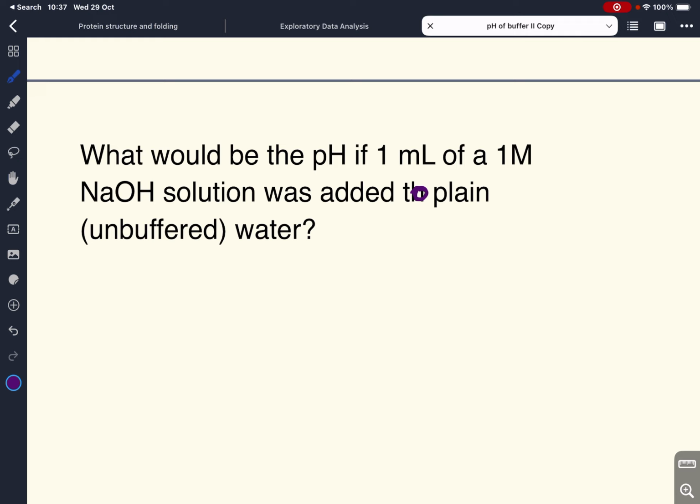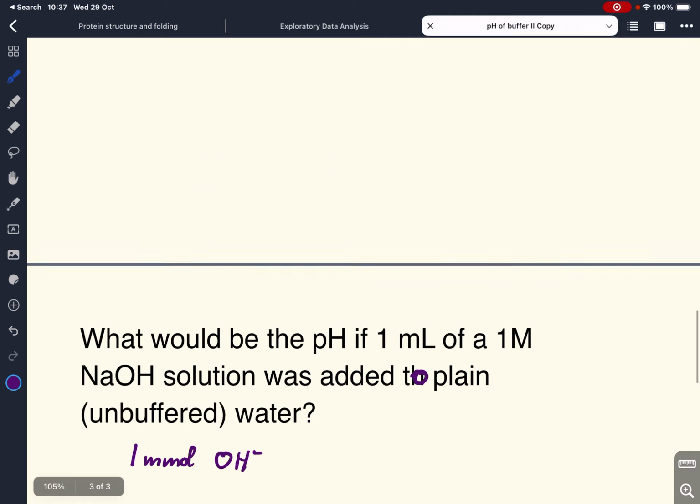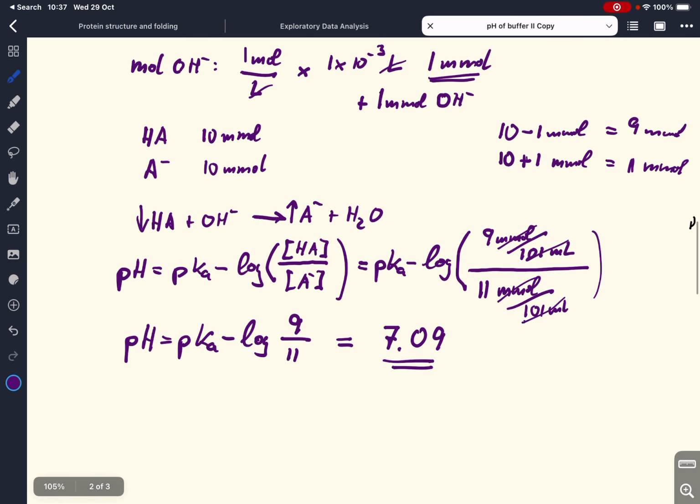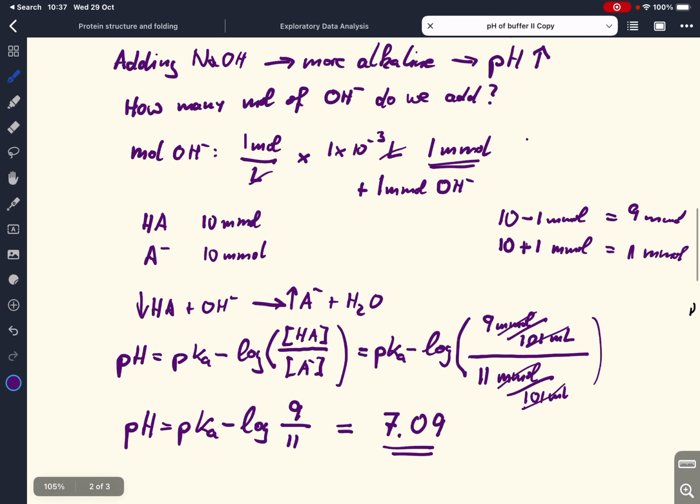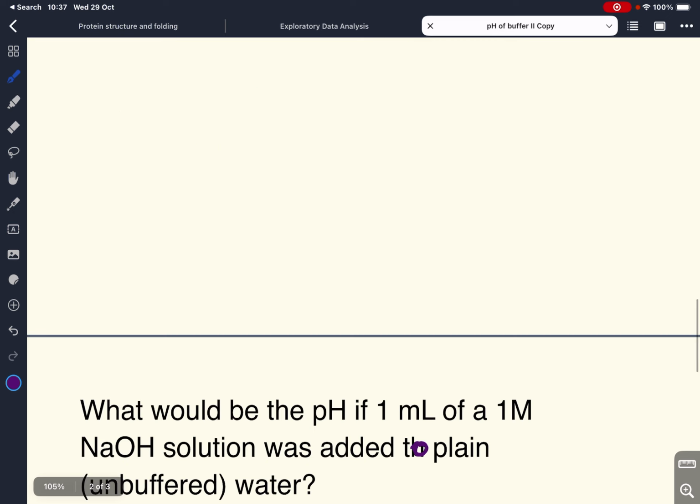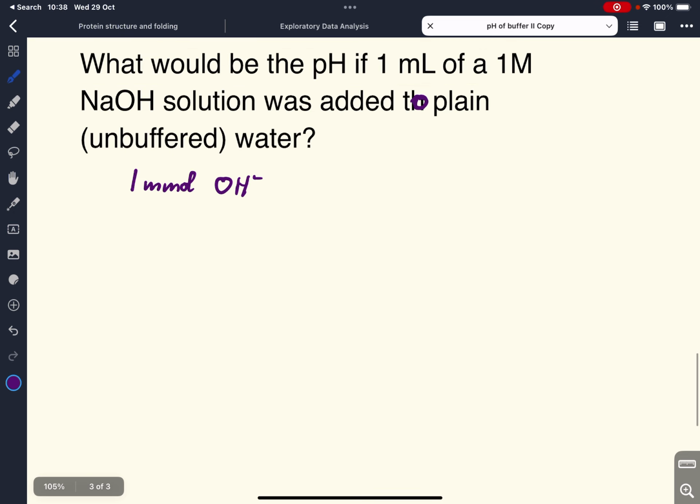So we add 1 millimole of OH minus. That was the 1 millimole that we've calculated up here. That still stays. 200 milliliter of water, plain water, which should have a pH of 7.